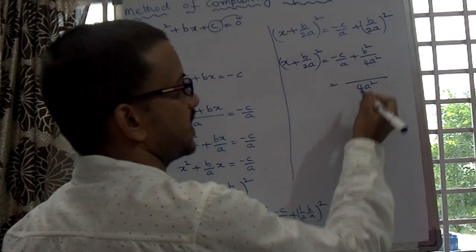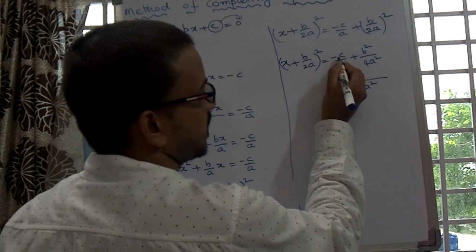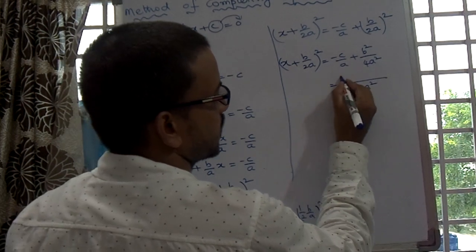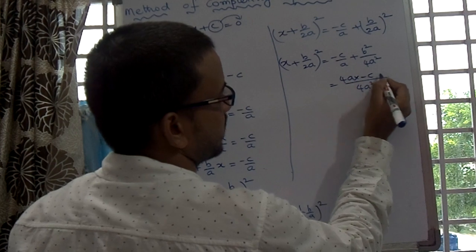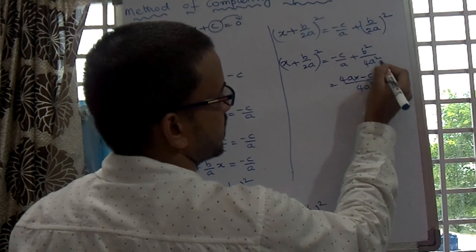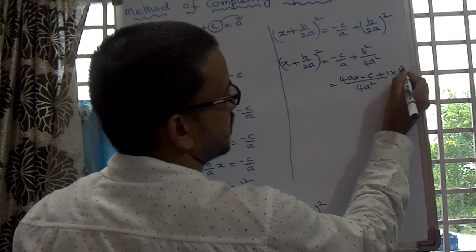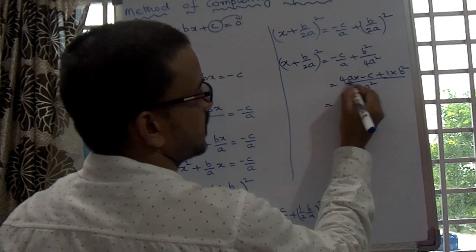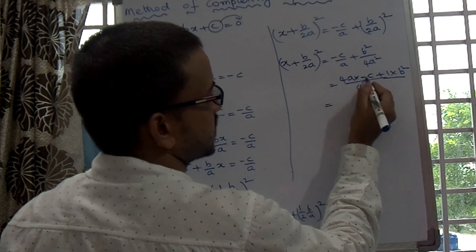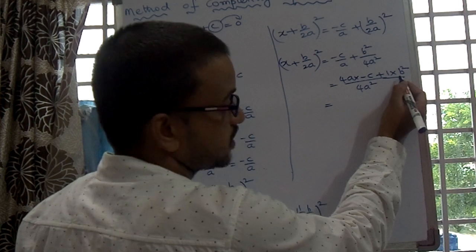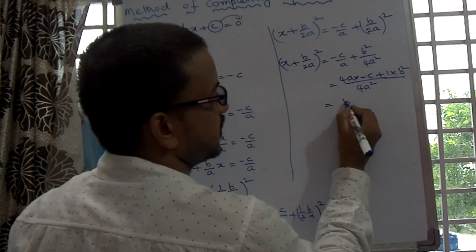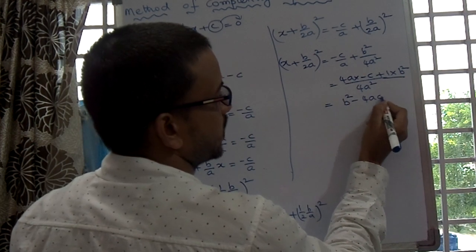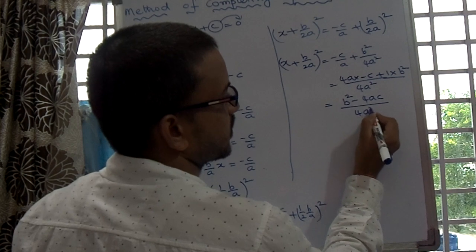So 4a square is the LCM. We multiply the numerator by 4a, so 4a into minus c plus, the LCM remaining the same, 1 into b square. Here we can write this as minus 4ac, and here it is plus b square. We can arrange this as b square minus 4ac by 4a square.